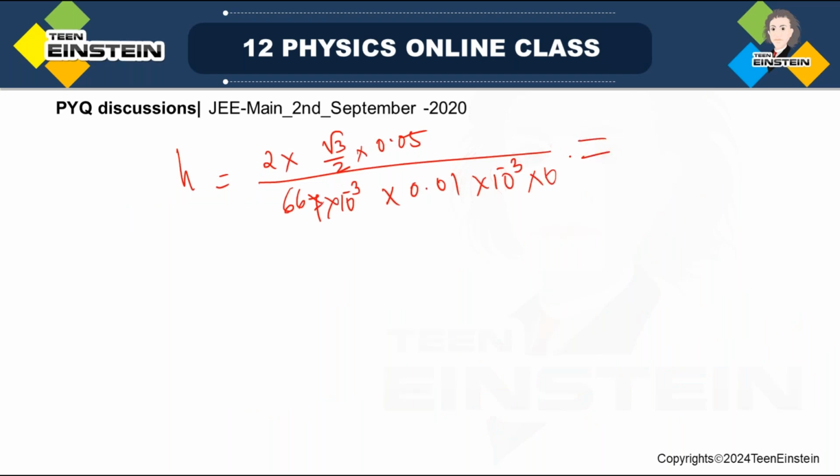Then if you do this very simple calculation, you will end up with 0.0865 or something like that.